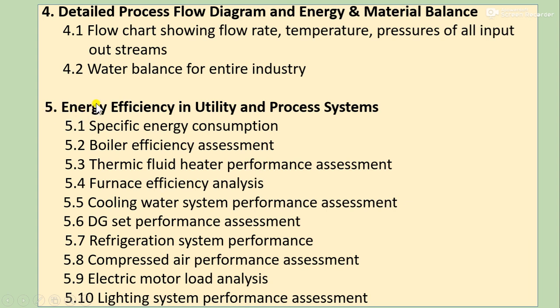Point number 5 covers energy efficiency in utility and process systems. There are different utilities in which specific energy consumption, boiler efficiency assessment, thermic fluid heater performance assessment, in case of furnace its efficiency analysis, cooling water system performance assessment, then in the industry diesel generator set performance assessment, refrigeration system performance, in case of compressed air system its performance assessment.